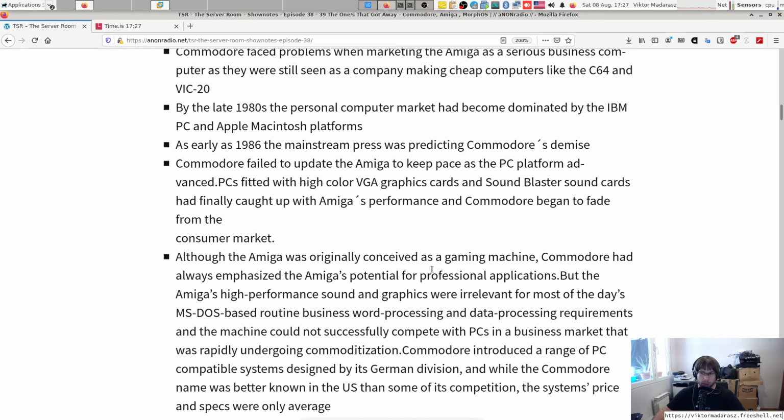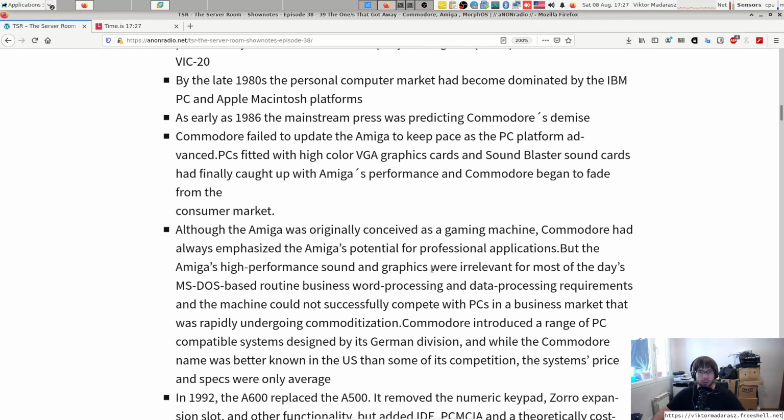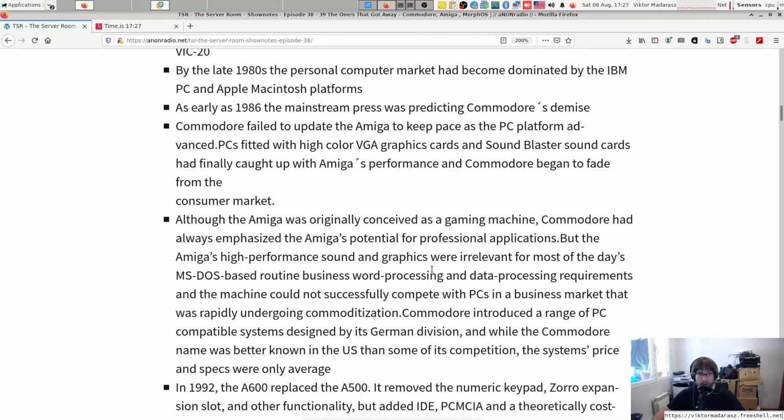They had applications for working with video, and graphic artists used them, and people to create music, and then the PCs caught up, and Commodore was not updating the Amiga line to keep pace as the PC platform advanced, and lost its edge and lead, and eventually it came to the demise of the Amiga platform.